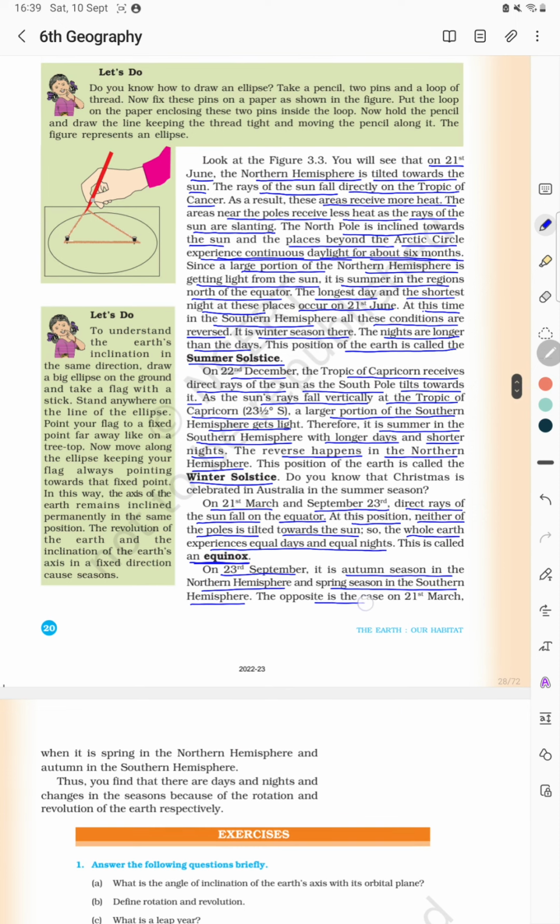The opposite is the case on 21st March, when it is spring in the northern hemisphere and autumn in the southern hemisphere. Thus, there are days and nights because of the rotation of Earth, and changes in season because of the revolution of Earth.